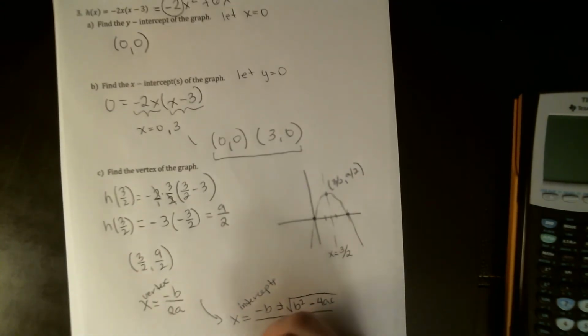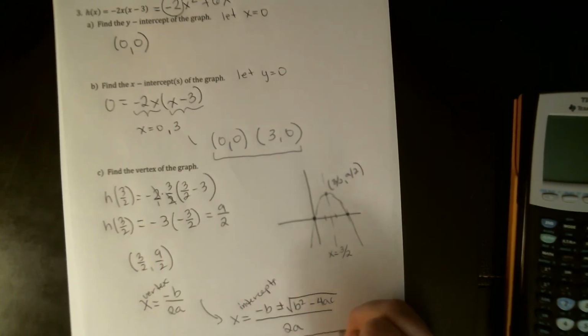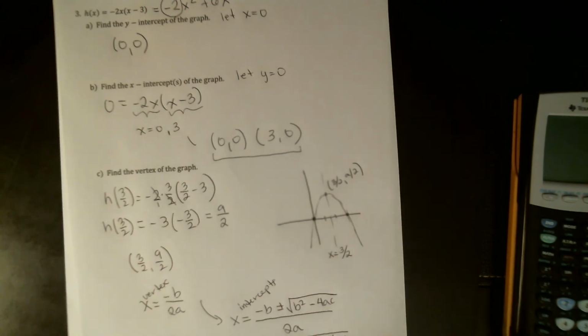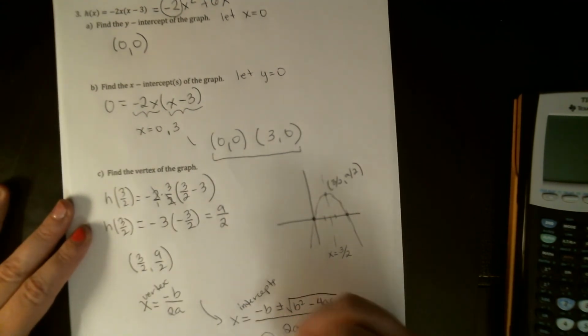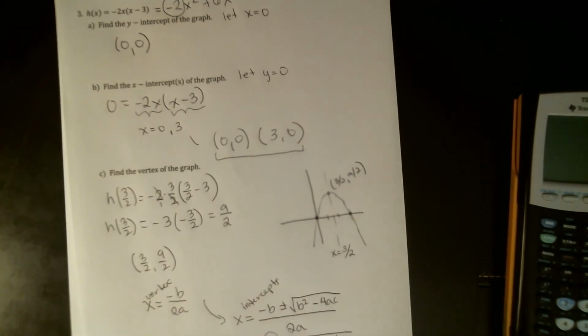We're taking negative b over 2a, and then we're adding and subtracting the square root of b squared minus 4ac over 2a each direction to find our x-intercepts, which means this is the middle of the two x-intercepts. So if you ever have trouble remembering that, it's really just that first part of the quadratic formula, the negative b over 2a. The plus or minus tells you how far to hit your x-intercepts.